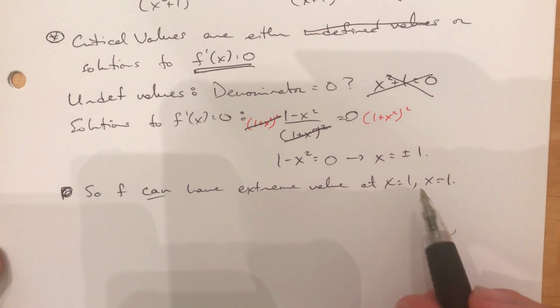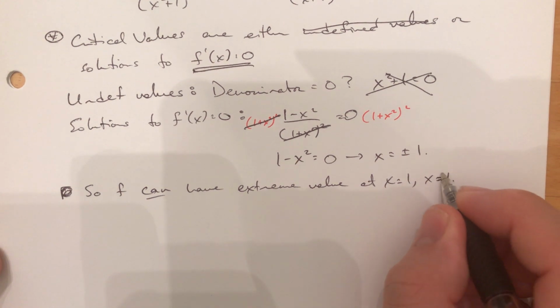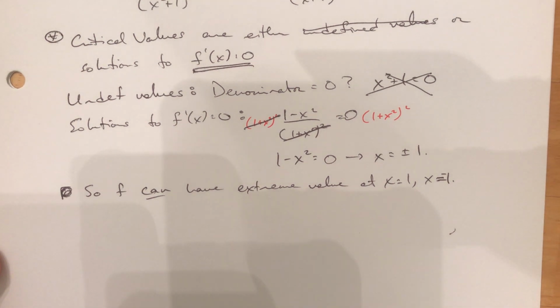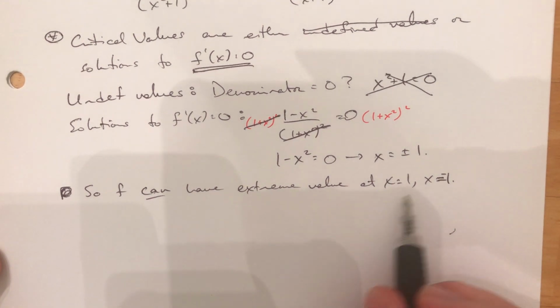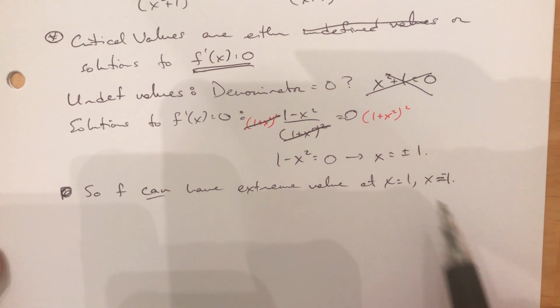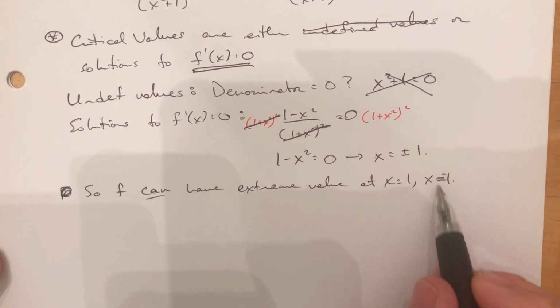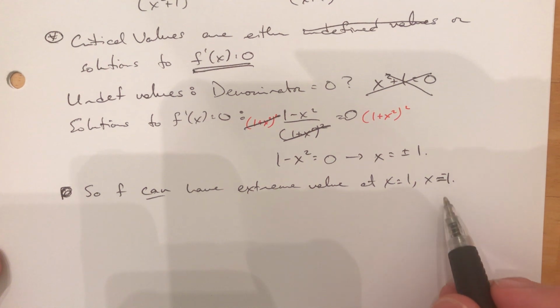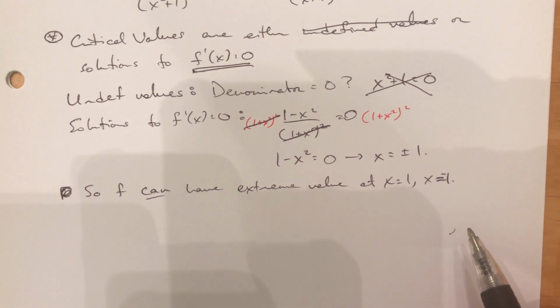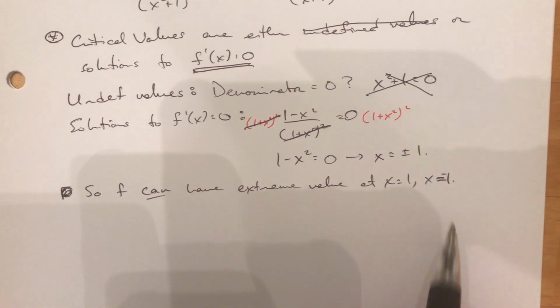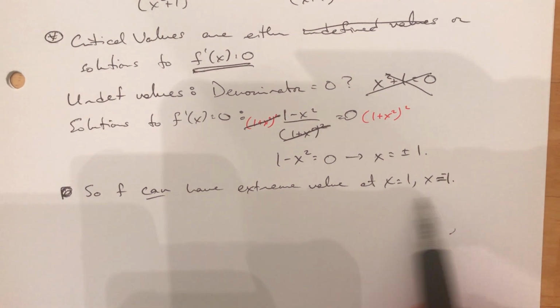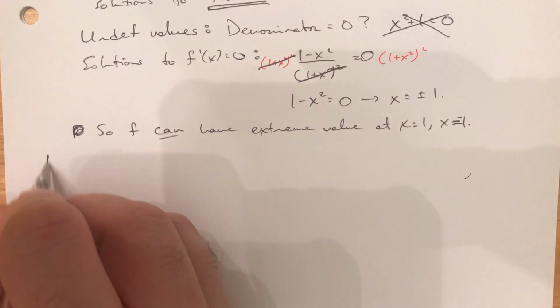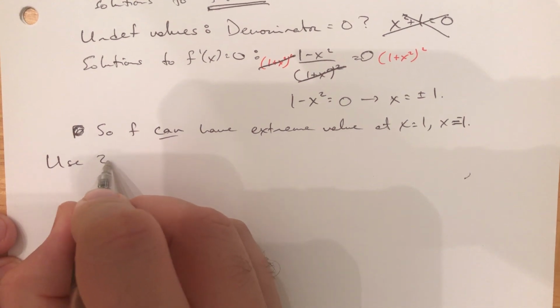We have to tell whether x equals 1 maximizes or minimizes our function, and we need to figure out if x equals -1 maximizes or minimizes our function. So we can't just say our extreme values can occur here; we need to figure out what kind of extreme values we're dealing with. We'll use our new second derivative test.